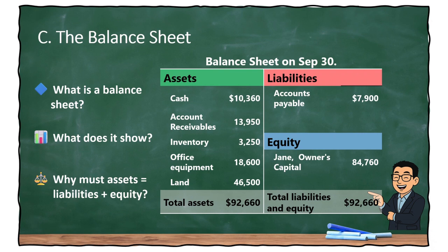On the right side, we list the liabilities, such as accounts payable that the business still owes. And just below that is owner's equity, which comes from the capital the owner invested, plus profits, minus any withdrawals and losses. If we add up liabilities and owner's equity, it should equal the total assets. That's the foundation of the accounting equation.